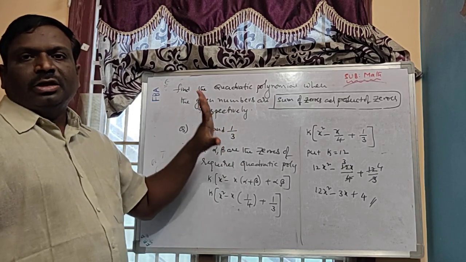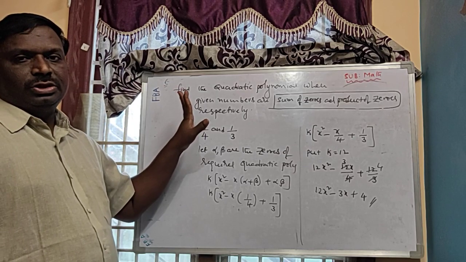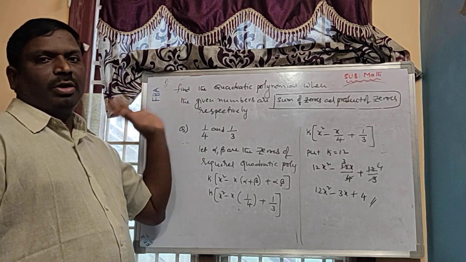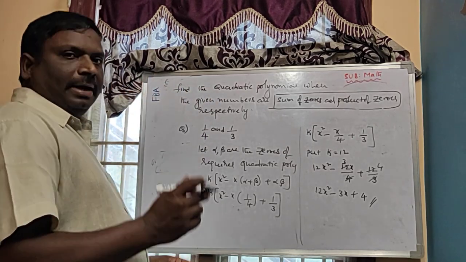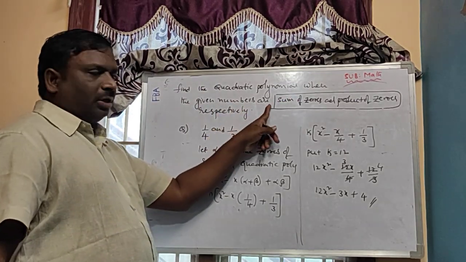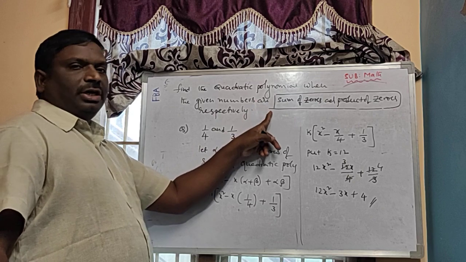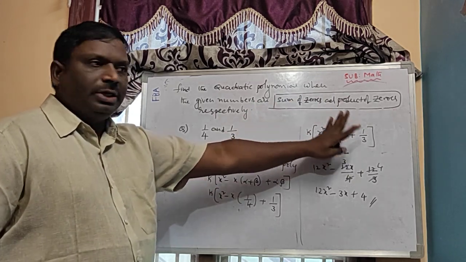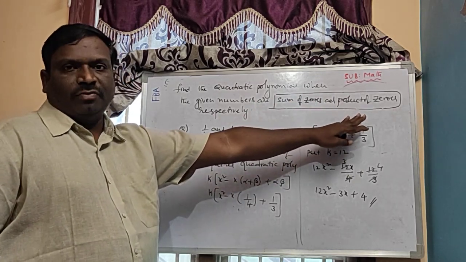This is one of the important models for a 2 marks question, or maybe they will give it in a 1 mark question also. Another model is to find the quadratic polynomial when the given numbers are zeros only, not the sum of the zeros and product of the zeros.